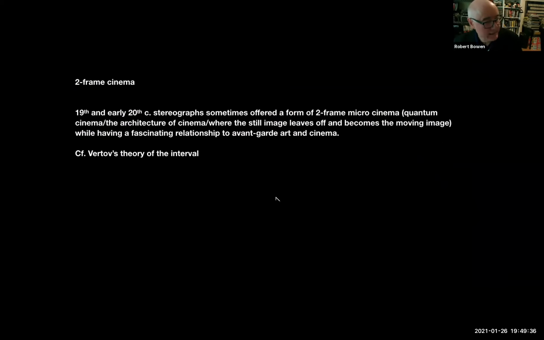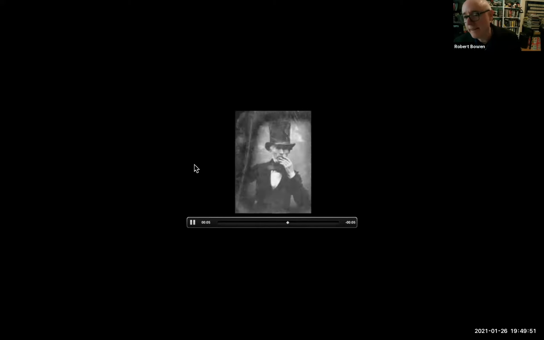So it's a kind of two-frame micro cinema. Actually, let me show it first. So that's possibly, certainly maybe, the first photographic moving image. Possibly.